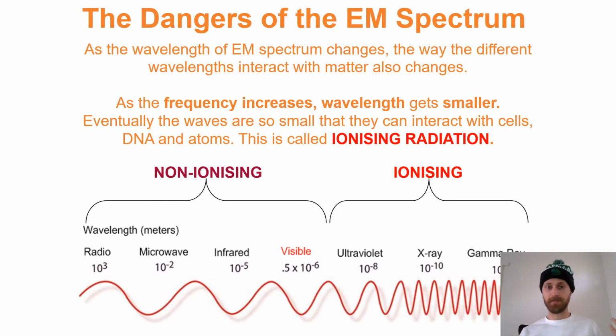The other slide is just talking about the dangers of them. We talk about some kinds of radiation, ultraviolet, X-ray, gamma rays, the high frequency, low wavelength ones, as being what we call ionizing radiation. Eventually the waves get so small that they can interact with cells, DNA and atoms, and that's the point at which the radiation is going to start causing damage to cells, because they've got so much energy, because their frequencies are so high and their wavelengths are so small.